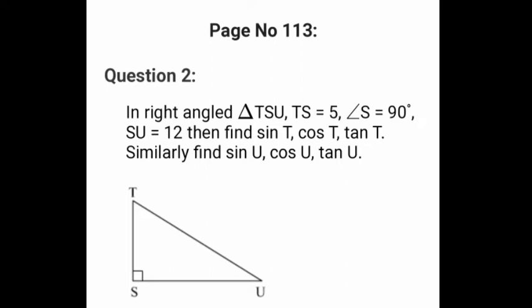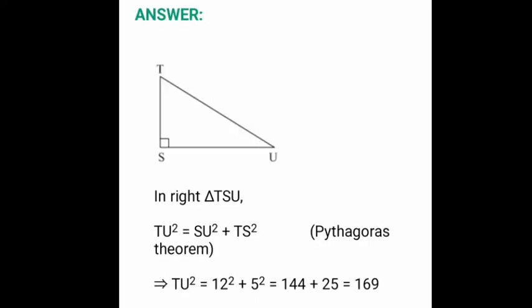So you have to find all these 6 values using this right angle triangle, in which angle S is given as 90 degrees, and one side is given as TS and the second side is given as SU. So here we will use Pythagoras theorem in order to find the hypotenuse TU. Therefore, in right angle triangle TSU, TU square is equal to SU square plus TS square, which is Pythagoras theorem.